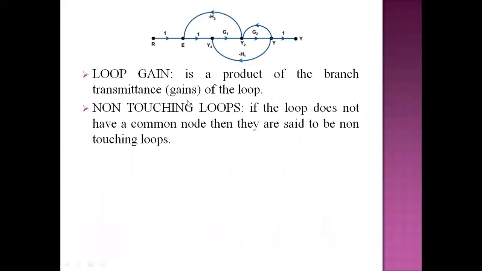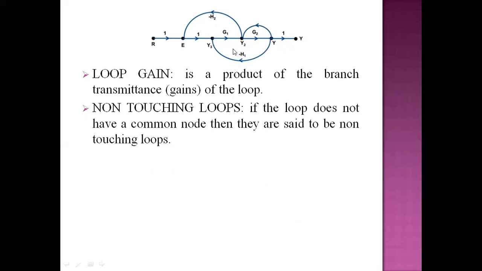Next, what is loop gain? Loop gain is the product of the branch gains of the loop. Non-touching loops: if the loops do not have a common node, then they are said to be non-touching loops. In this example, starting from node Y3, the signal travels through Y2 and Y, then comes back to Y3. Then this forms a loop.